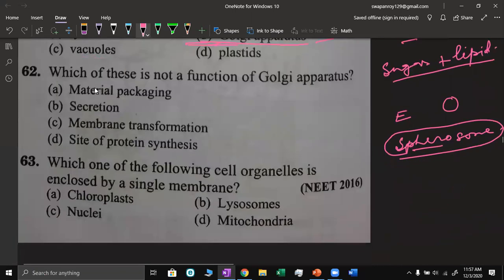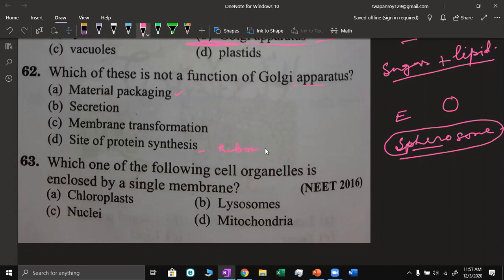Then which of these is not the function of Golgi apparatus? Which one? Material packaging, that I told, sir. This packaging is option B, D. Yeah, site of protein synthesis. This is not, protein is synthesized on the surface of endoplasmic reticulum, where the ribosome is present.